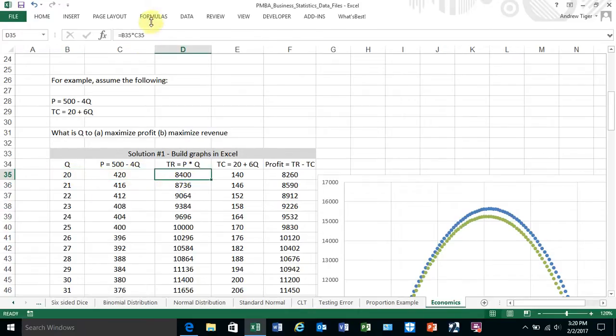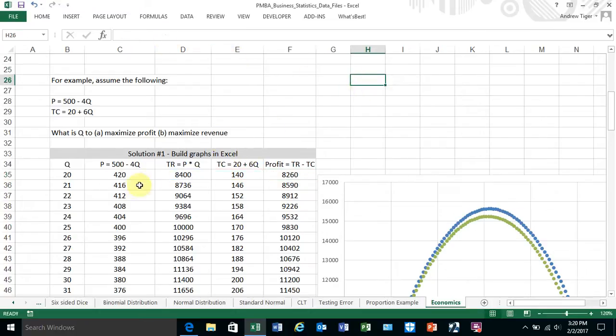And then the total revenue is P times Q. So it's going to be the price, which is a function of Q, times Q to get a revenue. I can also get a total cost as a function of quantity. And then my profit is my revenue minus my cost.